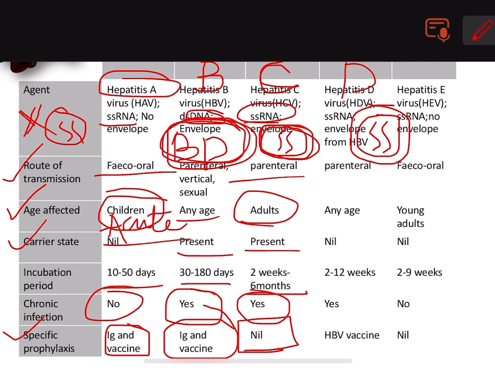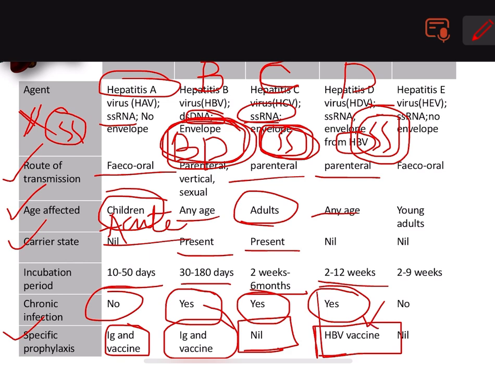The envelope is hepatitis B virus. The route of transmission is parenteral. It can occur at any age. The carrier state is nil, and the incubation period is 2 to 12 weeks. Chronic infection is present. Specific prophylaxis will be the hepatitis B vaccine, since it is associated with hepatitis B.